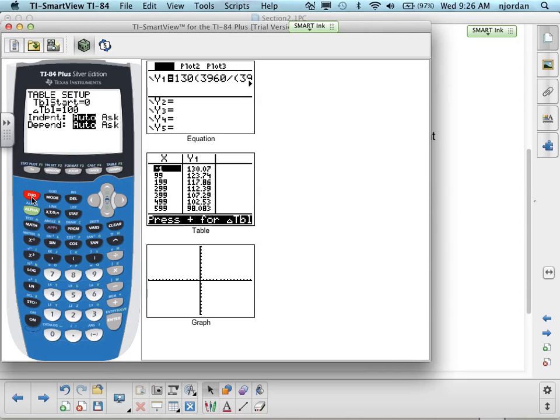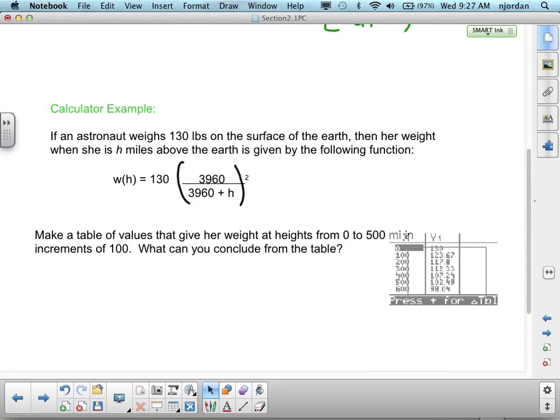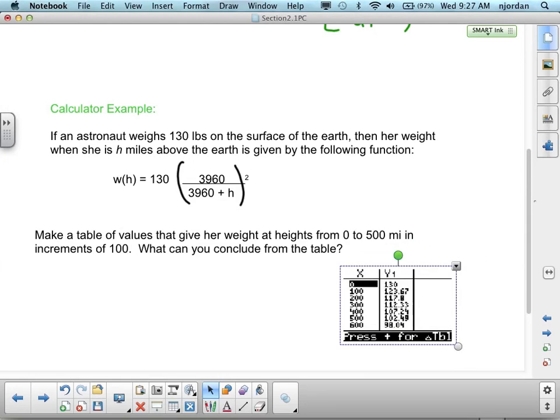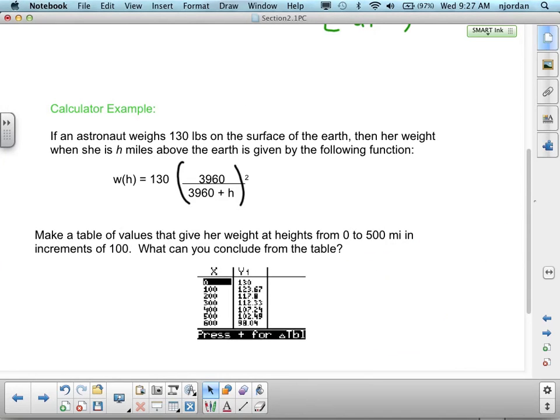And then we've got a nice table here where we can look at and see what is happening as the astronaut gets further and further away. Okay? So once she is about 300 miles away, her weight is about 112.